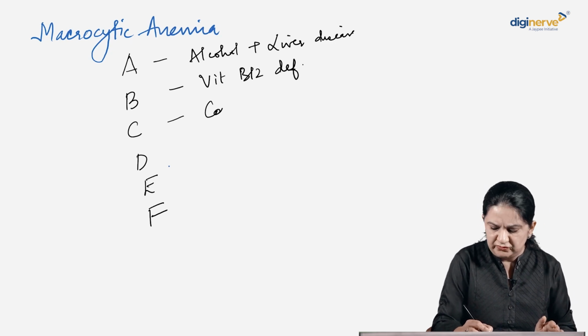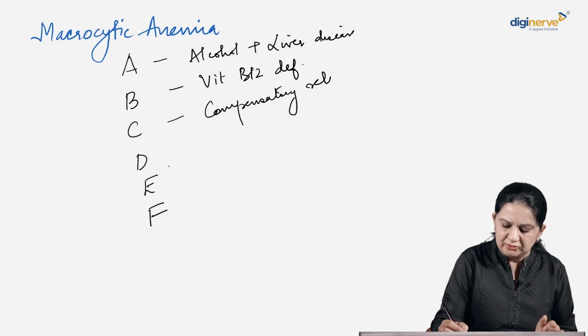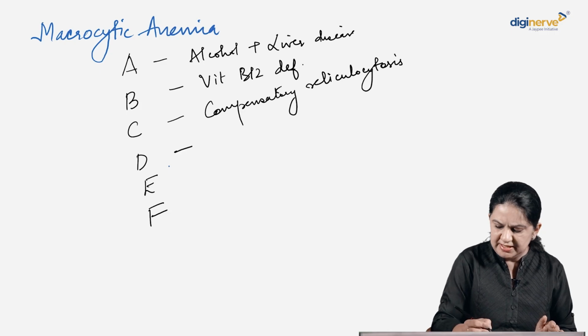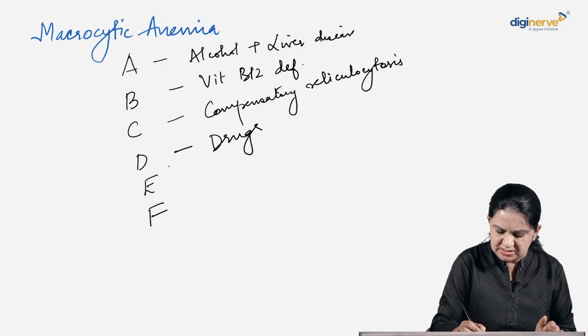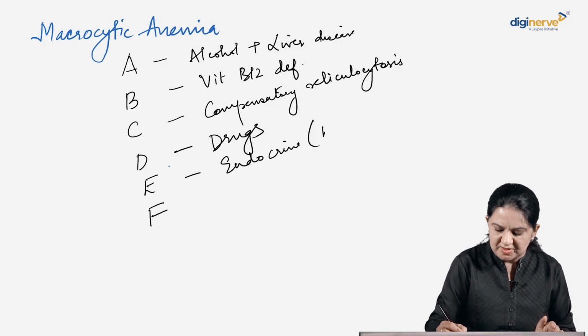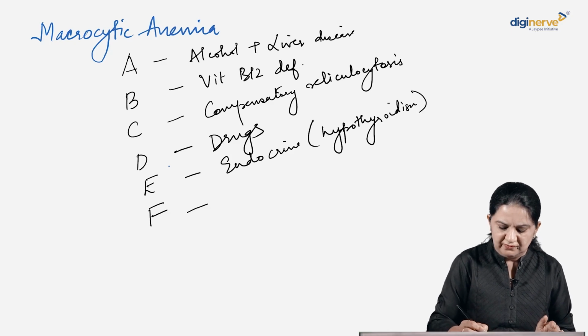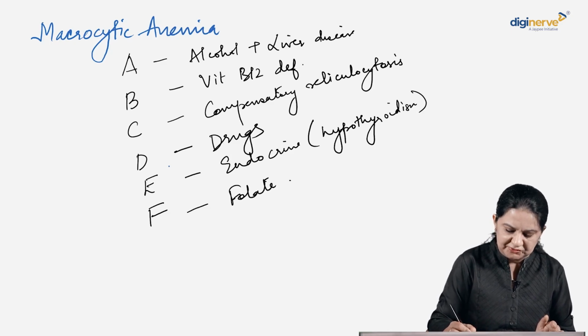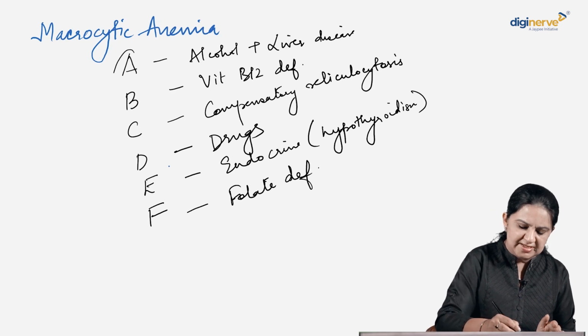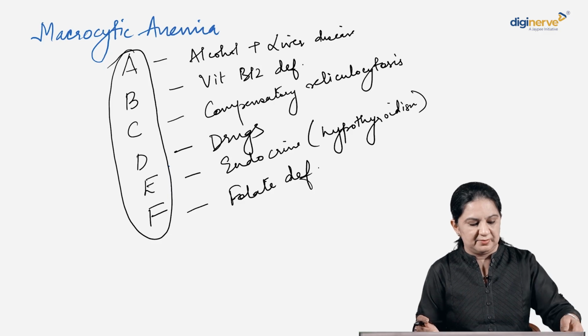C is because of compensatory reticulocytosis. D is for certain drugs. E is endocrine, the specific disease being hypothyroidism. F is, yes, folate deficiency. So A, B, C, D, E, F are the other disorders that can cause macrocytic anemias.